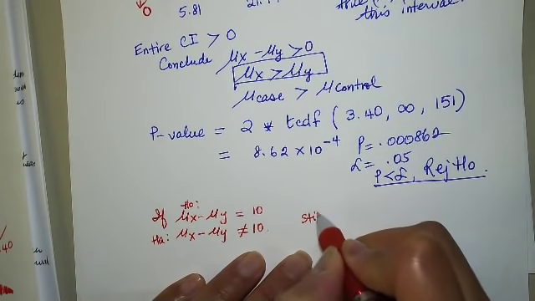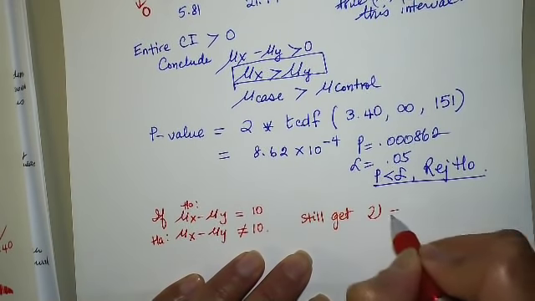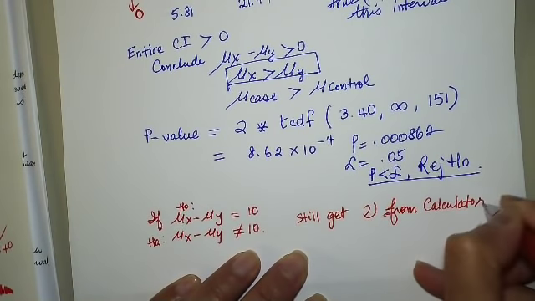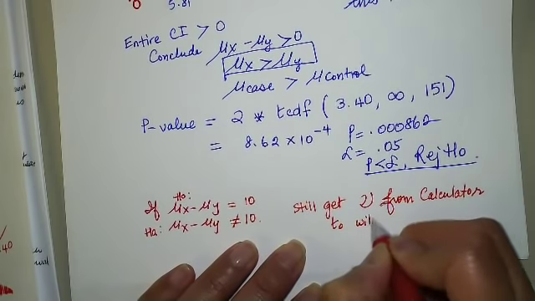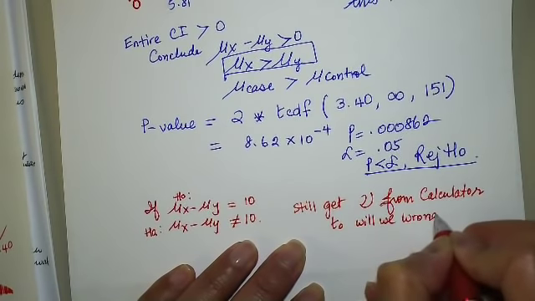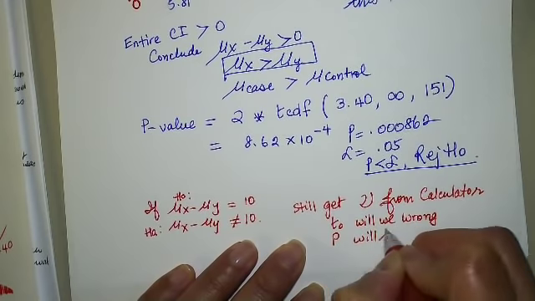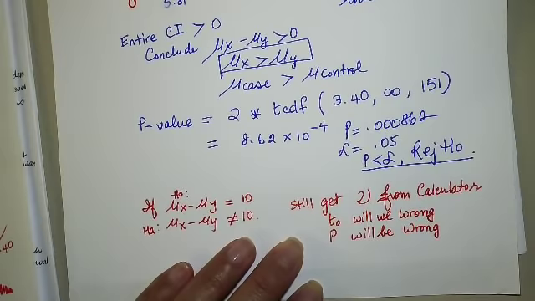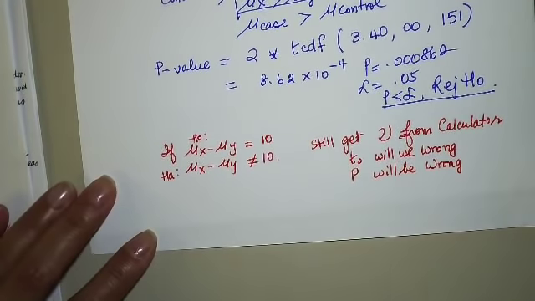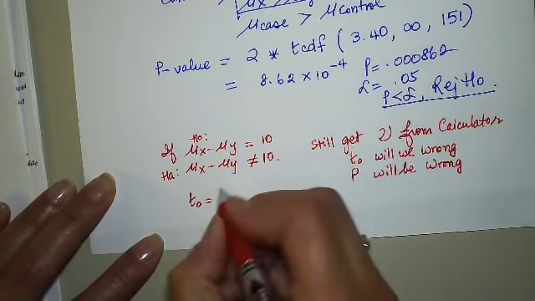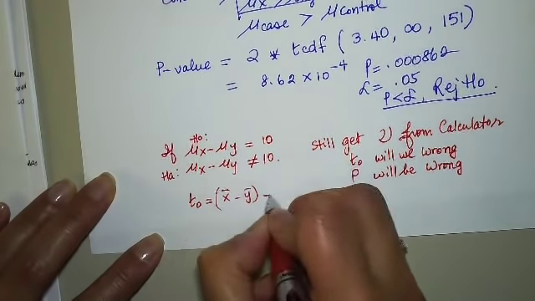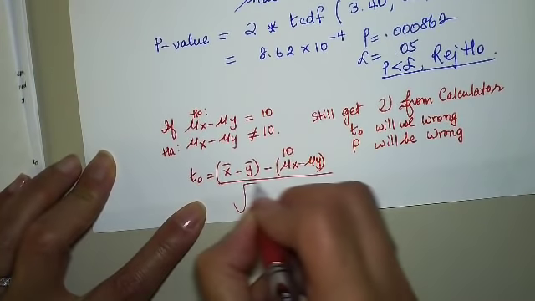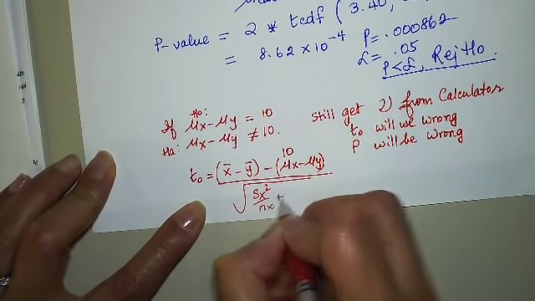If H naught is mu x minus mu y equals 10, let's say, and HA is mu x minus mu y not equal to 10, then you still get the new degrees of freedom from the calculator. But the T naught will be wrong and the P will be wrong that the calculator provided. You follow what I mean?